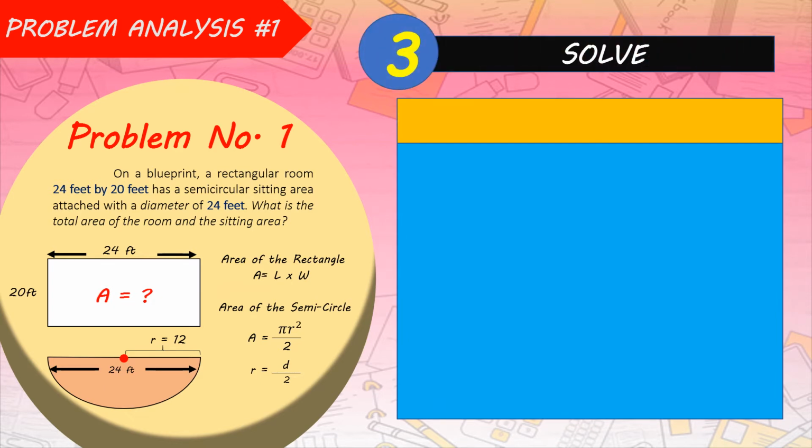So the third process is to solve. First, we solve for the area of a rectangle. For the area of a rectangle, we are going to use area is equal to the length times the width. Can you tell me what is the length and the width of the rectangle? Correct. So the length is 24 feet and the width is 20 feet.